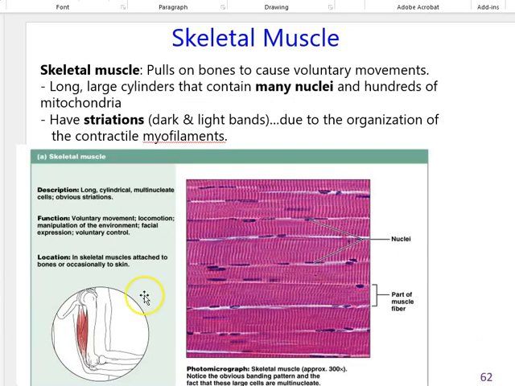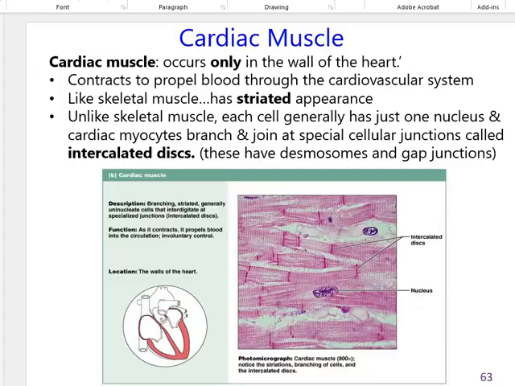So there are some pictures in the slides. This is an amazing picture of skeletal muscle showing striations and the parallel cells with the striations. I have never seen a picture this good anywhere else. Cardiac muscle, again, amazing picture showing the branchingness, the striations, the intercalated discs.